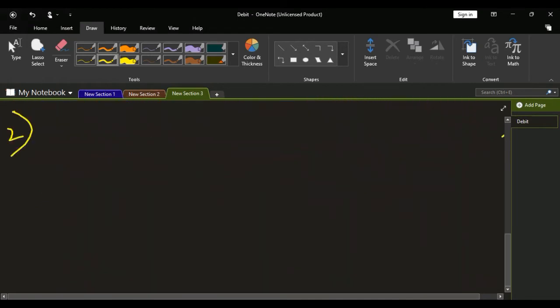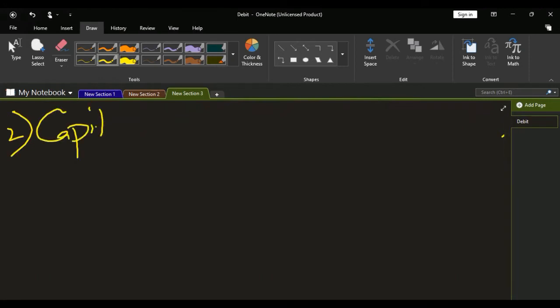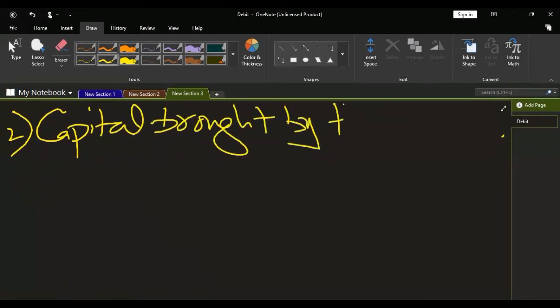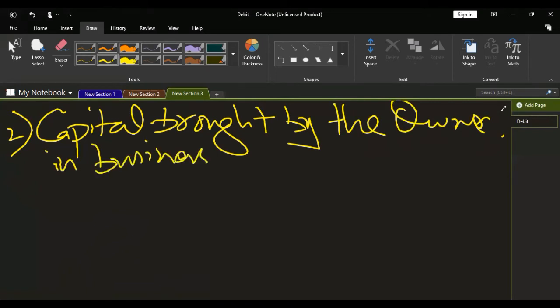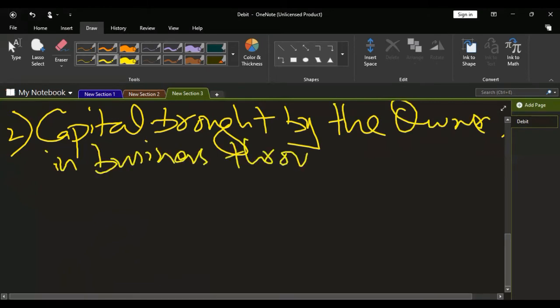The second transaction of the business may be capital brought by the owner in business through check.